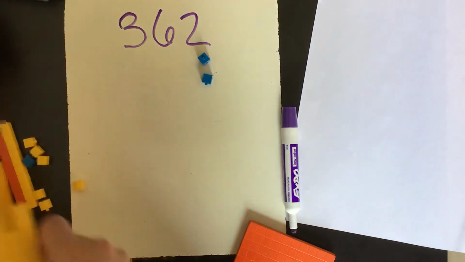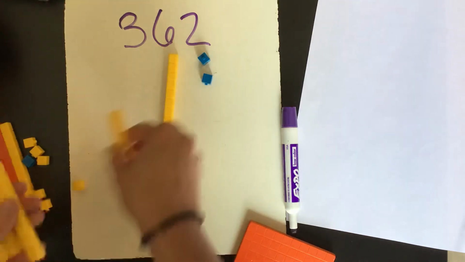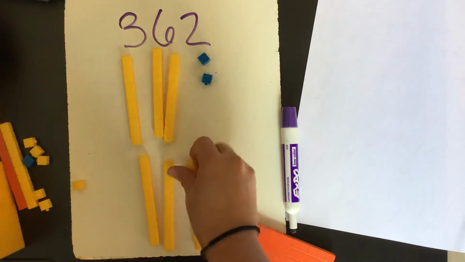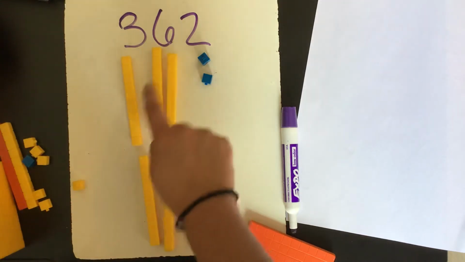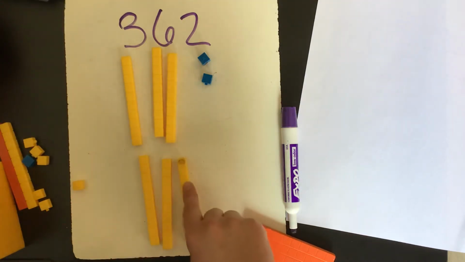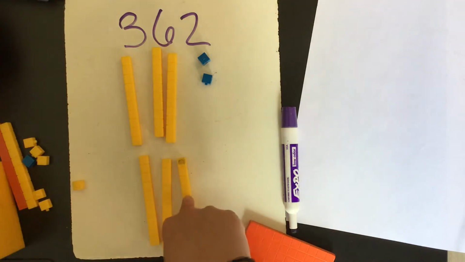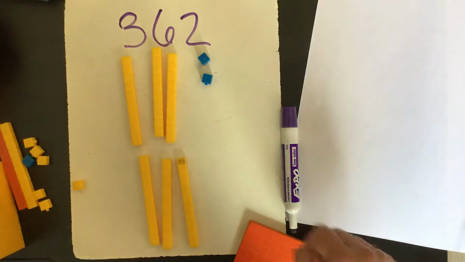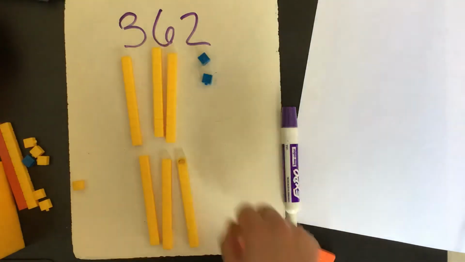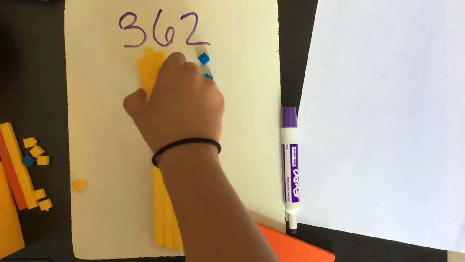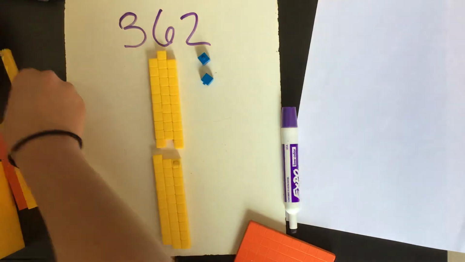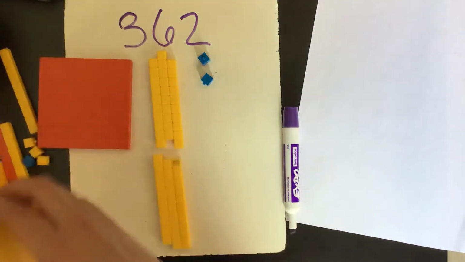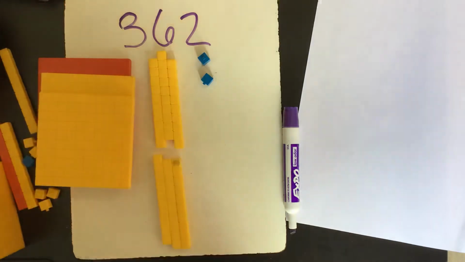It's actually worth 60 because it's worth 6 of these. So if I start putting those out, I've got 10, 20, 30, 40, 50, 60. So its actual value is 60, but the number in this place value is a 6. And then it says that I have 300s. So I have 1, 2, 3.